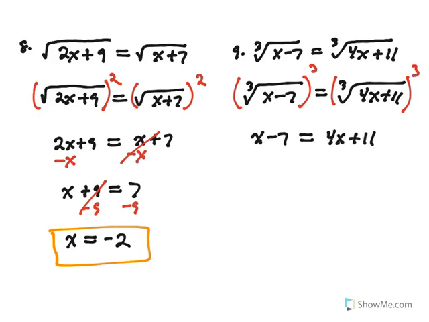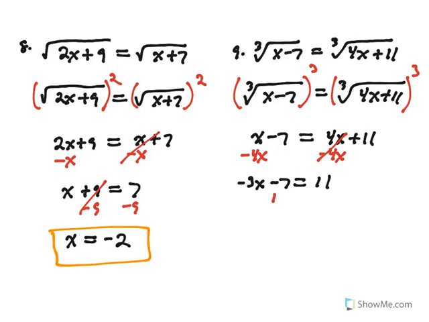Okay, so now we have an equation where we want to get all the x's on one side and all the numericals on the other. All right, so I am probably going to subtract 4x on this side. X minus 4x is minus 3x. Minus 7 equals 11.